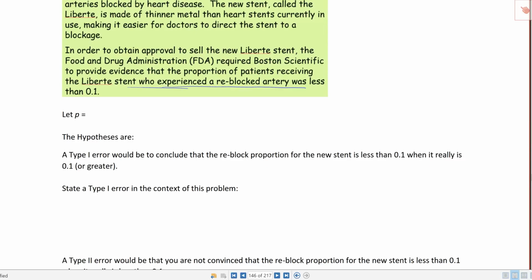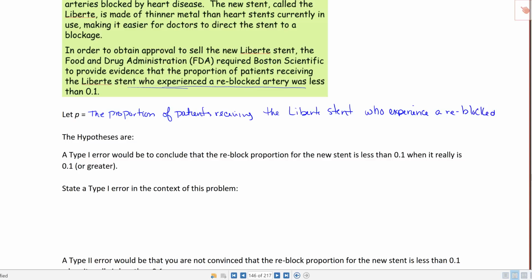So we would say that this P is the proportion of patients receiving the Liberté stent who experience a reblocked artery.